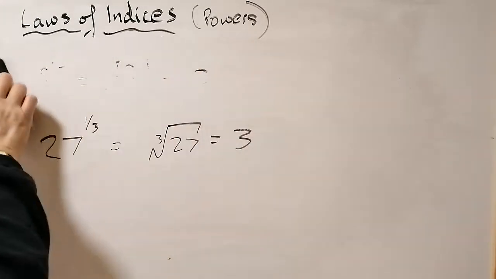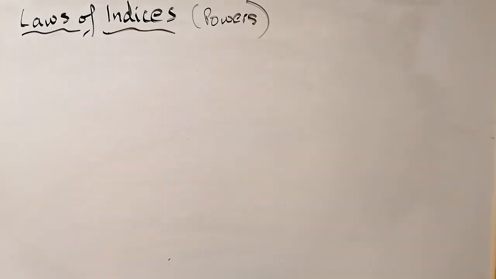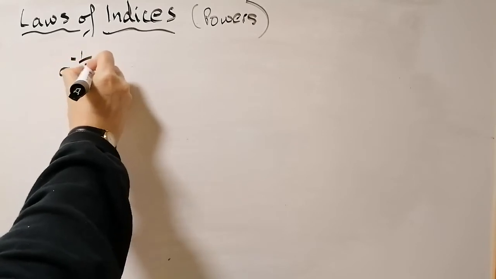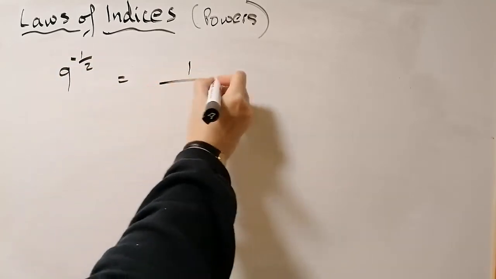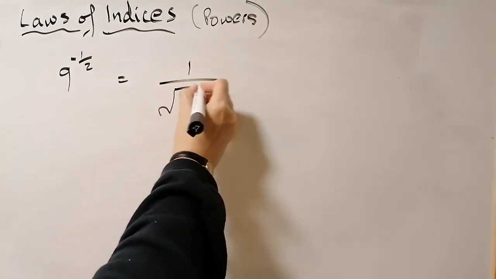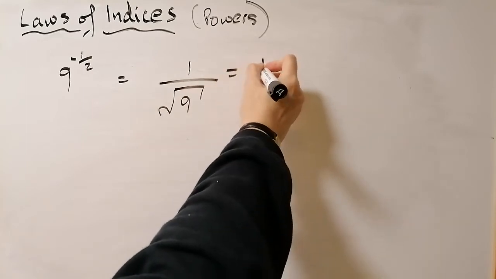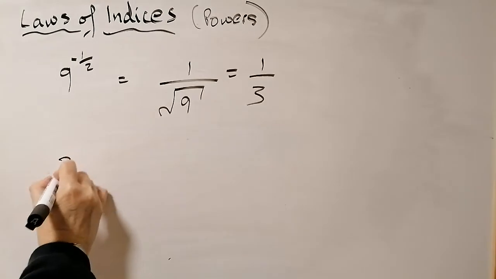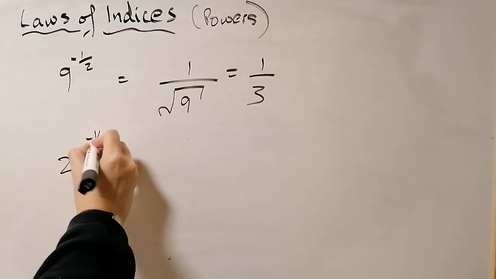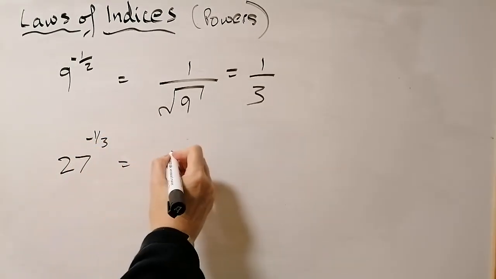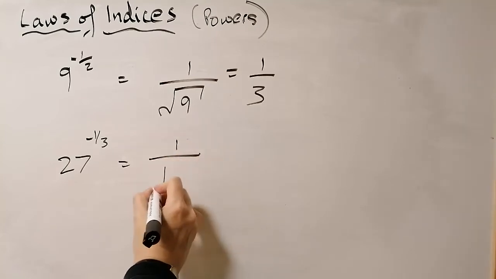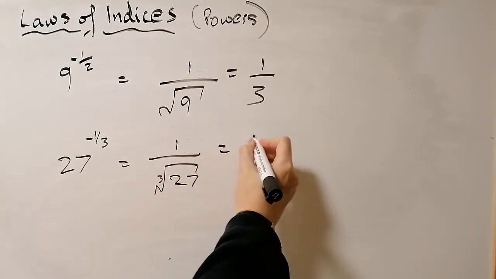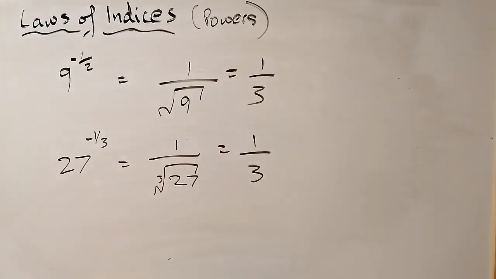Now in the same way, if we had 9 to the power of -1/2, that would mean 1 over the square root of 9, and that would be 1 over 3. And if we had 27 to the -1/3, that would be 1 over the cube root of 27, and that would also be 1 over 3.